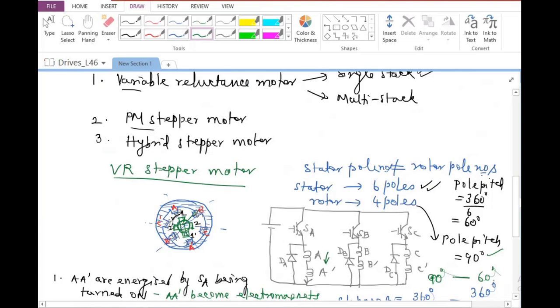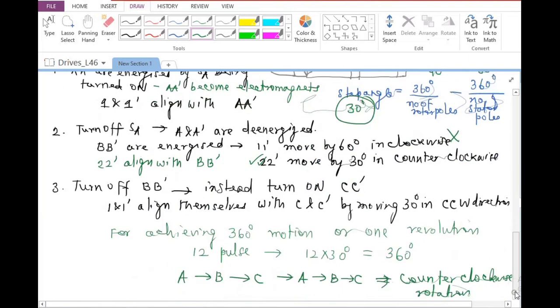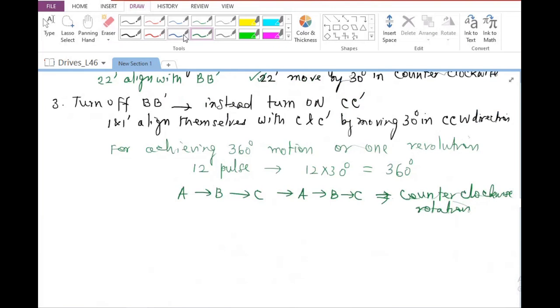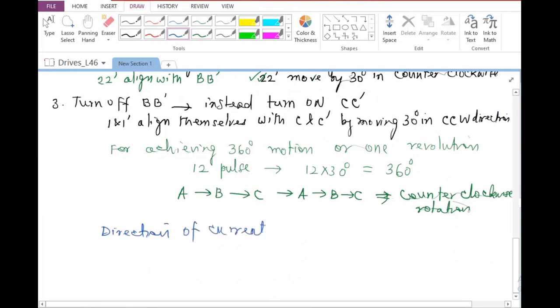So the direction of current is not going to make any difference in terms of the direction of rotation. So direction of current does not determine the direction of movement.